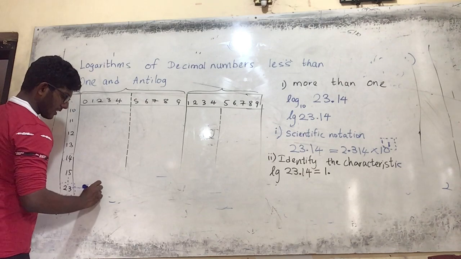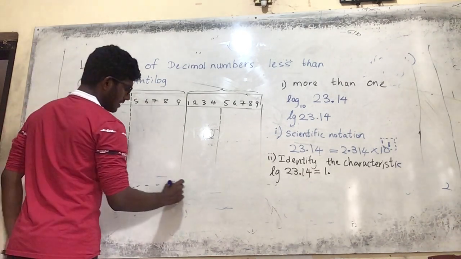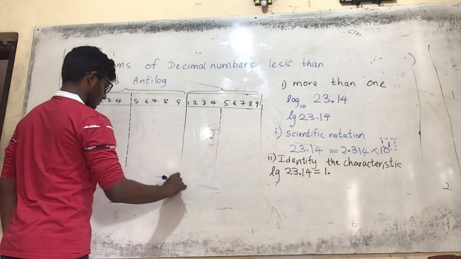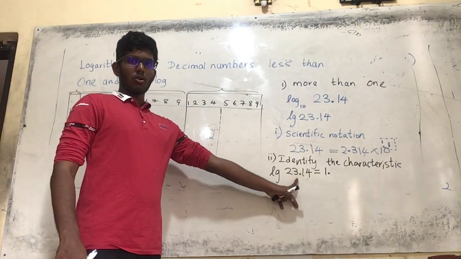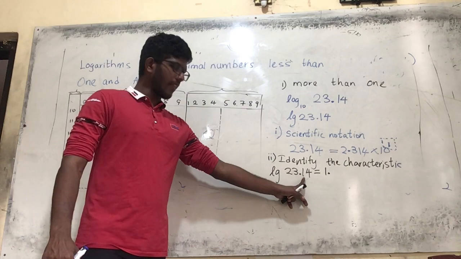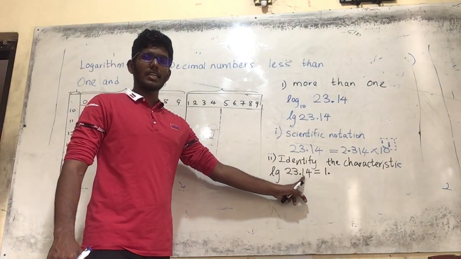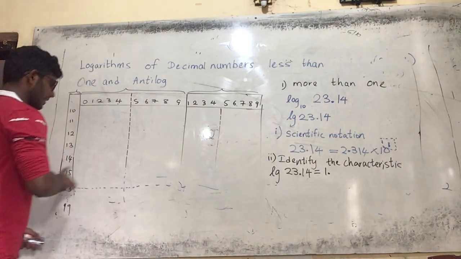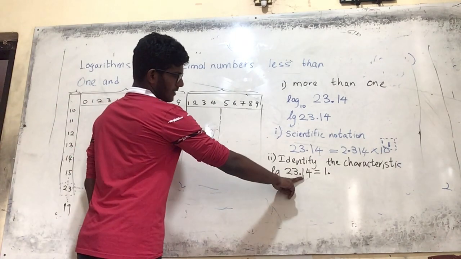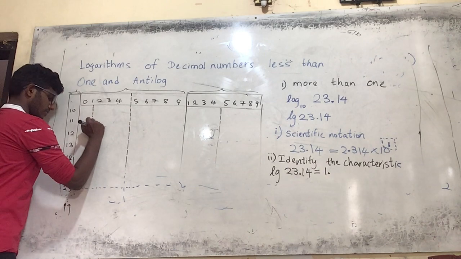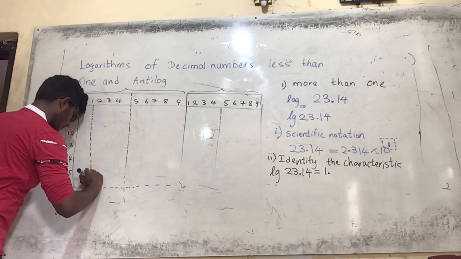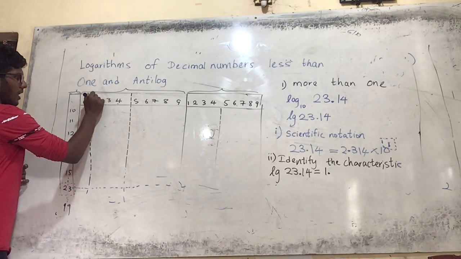Now this is the 23rd row. Now there are numbers in that row. You go to the 23rd row. Then there is another digit after that, right? So that is 1. So you find 23 and the next digit is 1. So you go through the first column, the column under number 1.